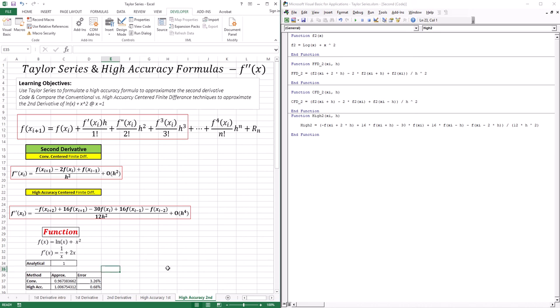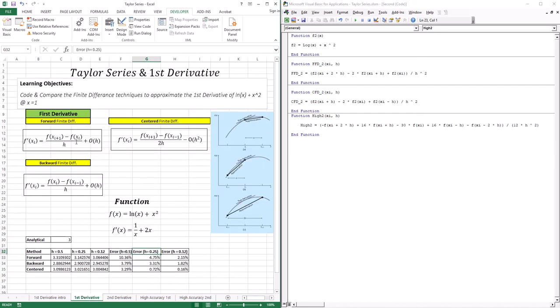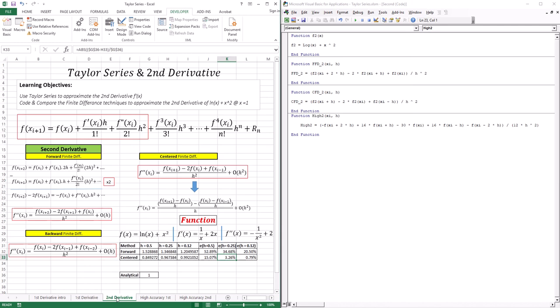So now this concludes a lot of what I want to teach you in terms of Taylor series and the approximation of derivatives. We learned that we now call them the conventional finite difference formulas. For the first derivative, we have the forward, the backward, and the centered. And for the second derivative, also the conventional finite difference formulas, we have this formula for the forward, backward, and centered.